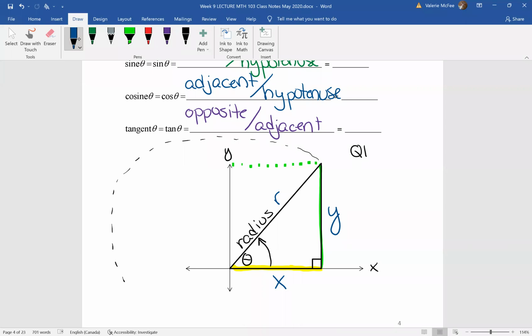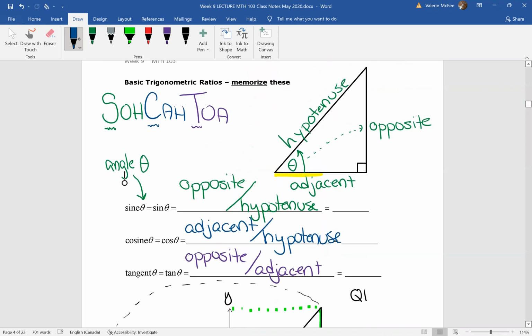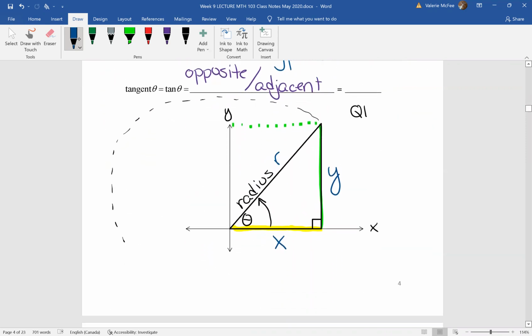If we had a real triangle, we could never have a negative side length. But because we're using the coordinate plane, it is possible. We will note, however, that R, the radius, is always positive. It will never be equal to 0. It will never be less than 0.